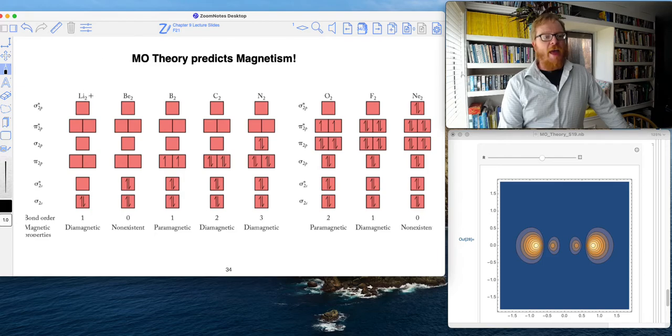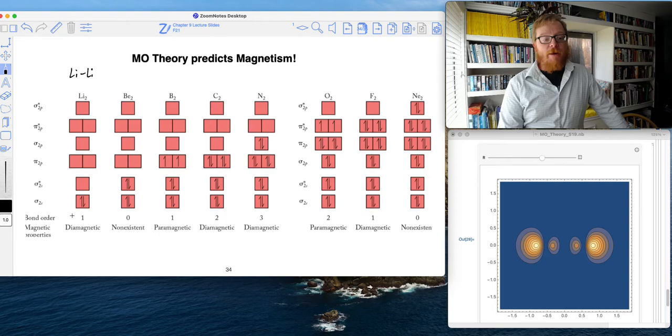If we start with Li2, you can see that Li2 would be predicted to exist because it's got 2 bonding electrons and 0 antibonding electrons. So this would be a single bond between 2 lithium atoms, and there's my bond order of 1.